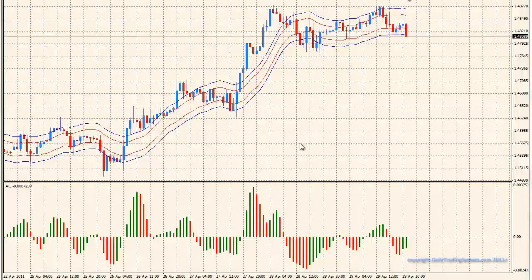The two indicators that we're using are the envelopes and the accelerator oscillator. We have two upper bands and two lower bands, and I've given them two different colors. What we're looking for is a candle. This lower band area is for buyers and this upper band area is for sales.